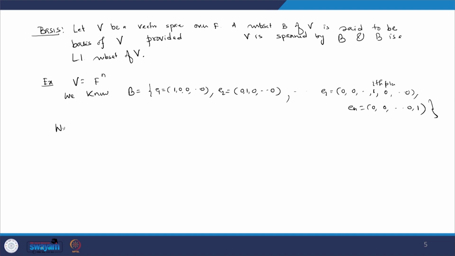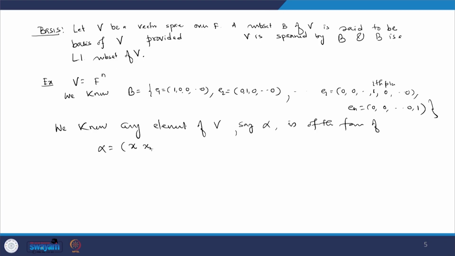We know any element of V, say alpha, is of the form (x1, x2, ..., xn), where xi belongs to the capital F.